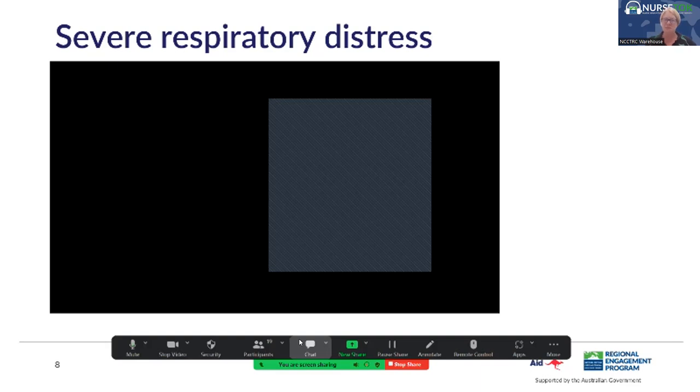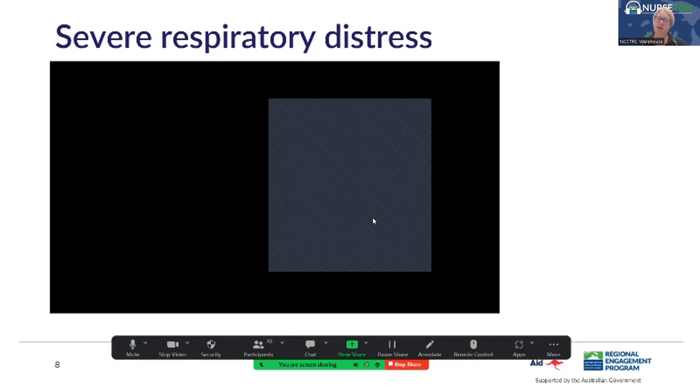But sometimes, if you have a high flow machine that maybe you haven't used for maybe 6 months, and maybe you can't quite remember how to use it, or maybe you haven't got all of the tubings, then what Veronica suggested about putting the patient on a non-rebreather mask whilst you get some help to set up the high flow is a really good idea.